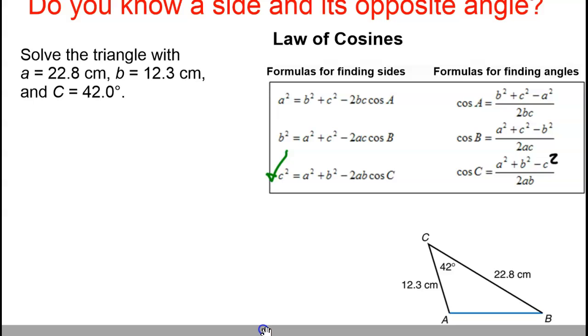Okay, let's plug everything in as we go. C squared equals A squared, and in this case, A is 22.8 squared.